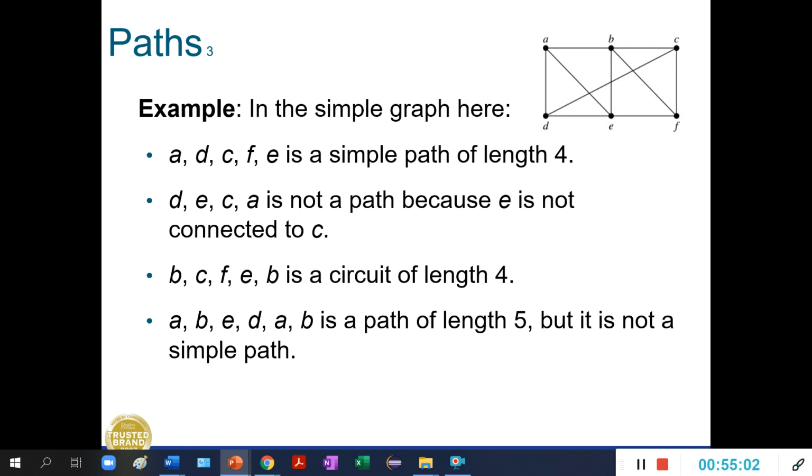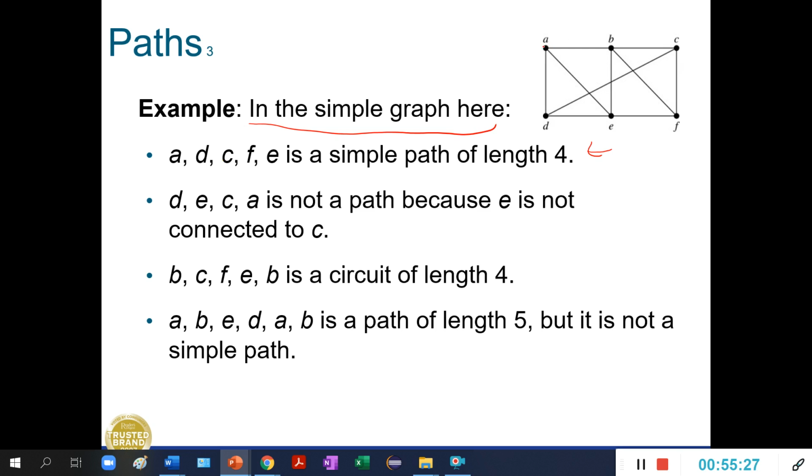Okay, let's look at a path in a simple graph here: A, B, C, D, E, F. Why is it simple? Because it doesn't have multiple edges and doesn't have loops. So A, D, C, E. Okay, look at example number 1. A, D, C, F, E is a simple path of length 4.